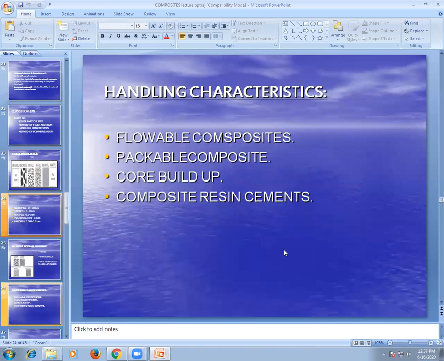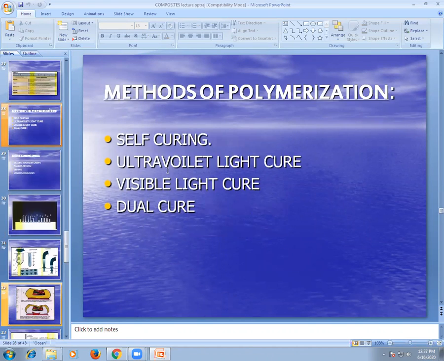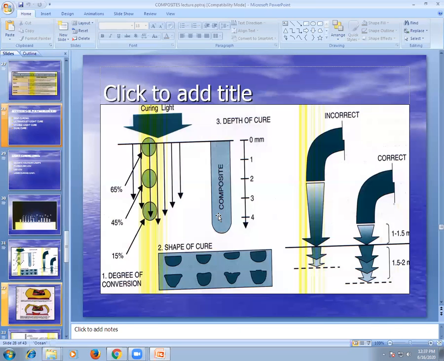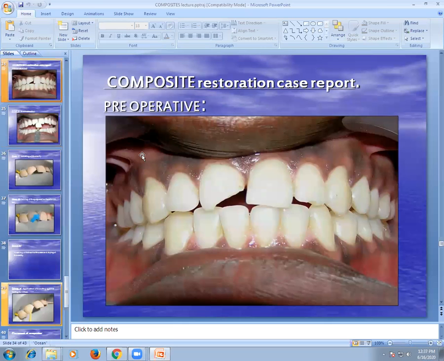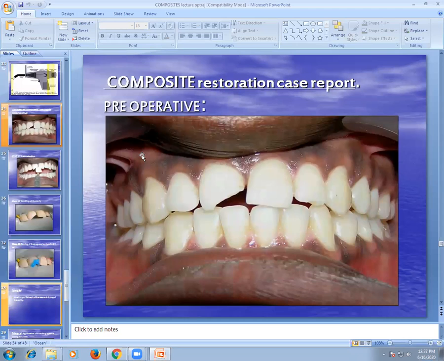This is about the method of polymerization: self-cure, ultraviolet cure, visible light cure, direct cure. So here I have mentioned one. This is an anterior case, right? But if you want to place the composite in a posterior, like in a class 2 cavity, first you have to prepare a cavity.